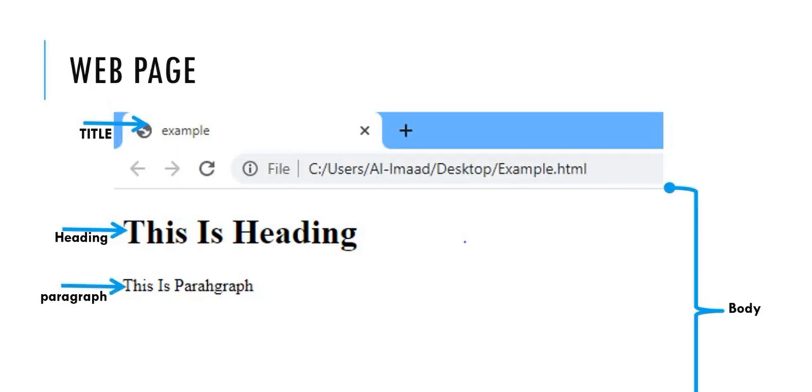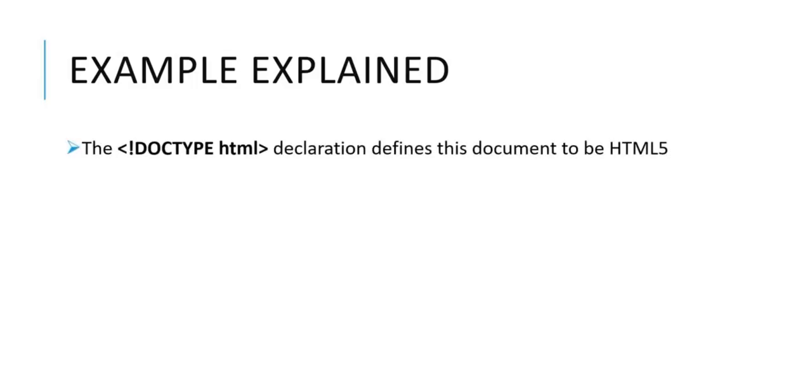So let's have an example now so that we understand all the previous concepts better. The doctype HTML declares what type of document the file is. If it is this way, what you see on the screen, it is a document type of HTML5, and we had the same thing in the HTML structure you have seen.